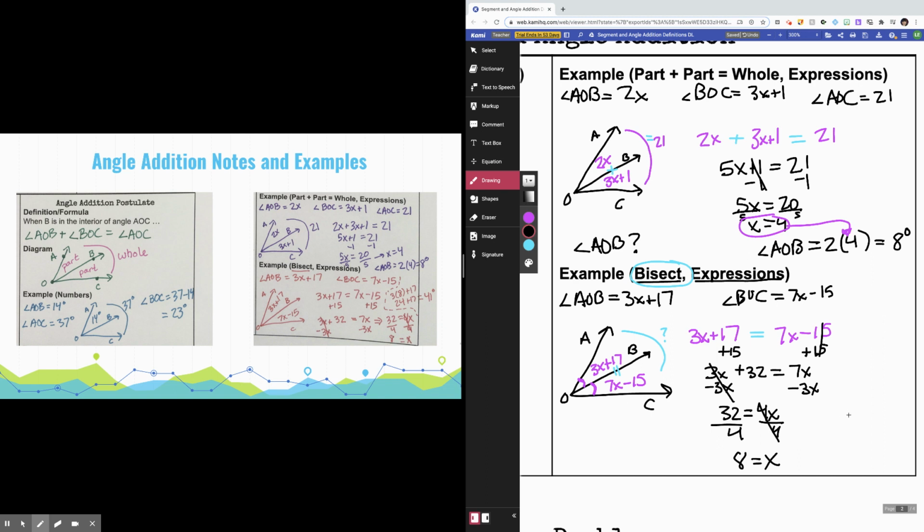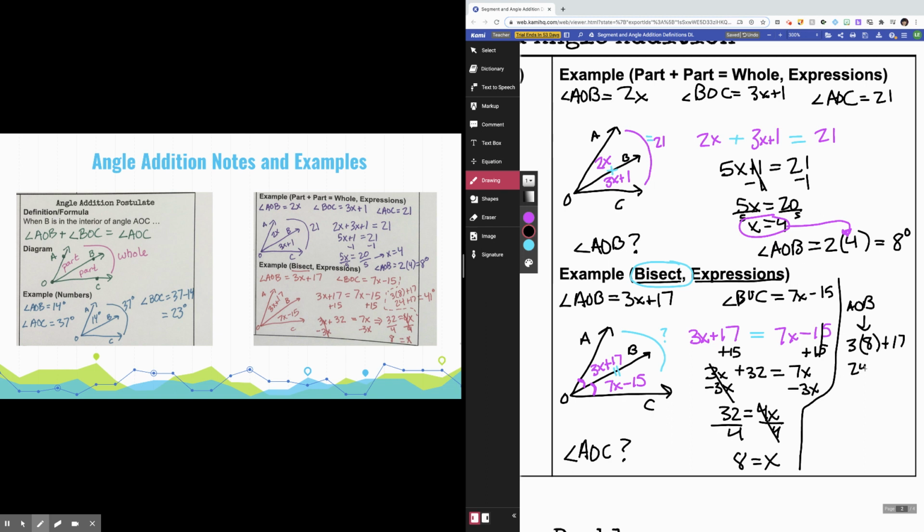But let's say they wanted to know how big is angle AOC. Right, maybe that's what they want to know. Okay, so to do that, let me draw a little line right here. I don't have an expression for AOC, but I do have one for AOB. Okay, so let's figure out what that is first. So AOB would be 3 times, wherever you see an x, you're going to plug in an 8, plus 17.